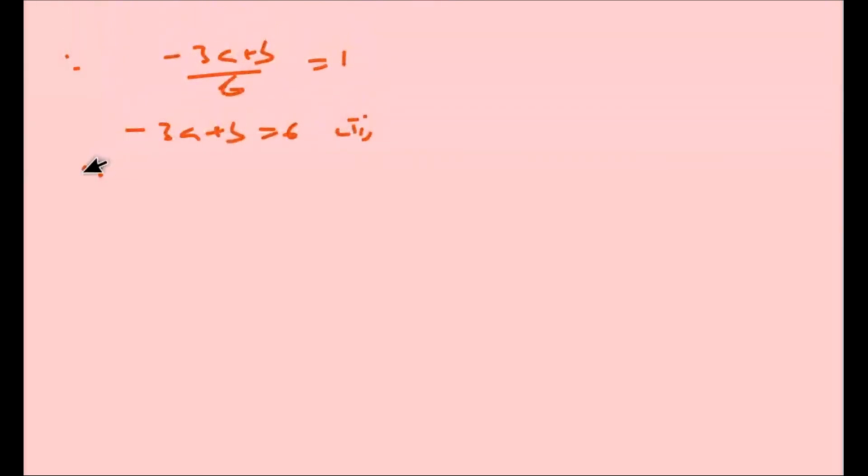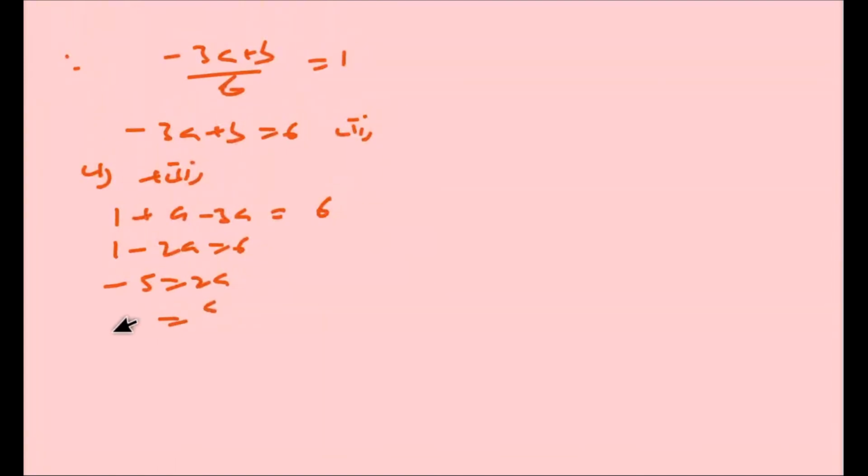Adding the first and second, we get 1 minus 2a equal to 6, so minus 5 equal to 2a, and a equals minus 5 by 2.